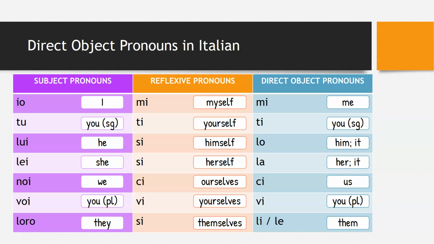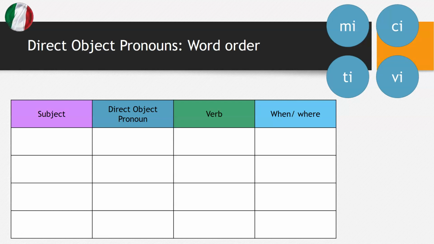Let's have a look at how they work in terms of the sentence and with word order. So, let's start off with the mi, ci, ti, and vi. Mi meaning me, ci meaning us, ti meaning you, and vi meaning you all. So we start off with our subject, Giorgio.